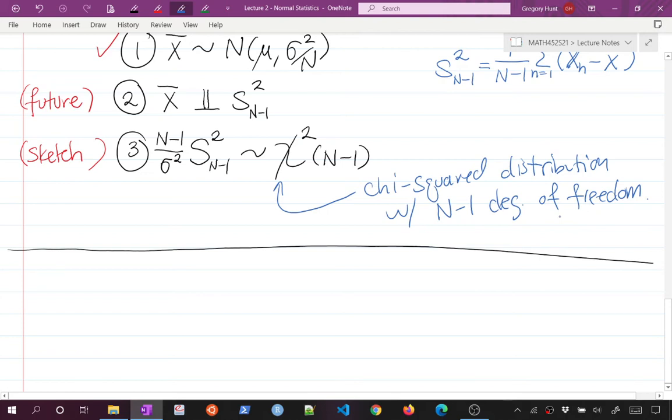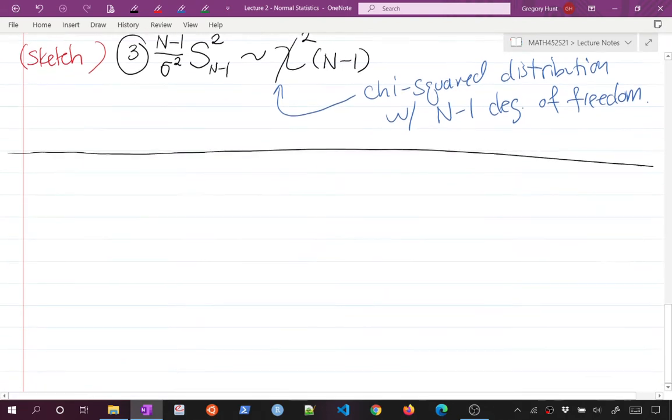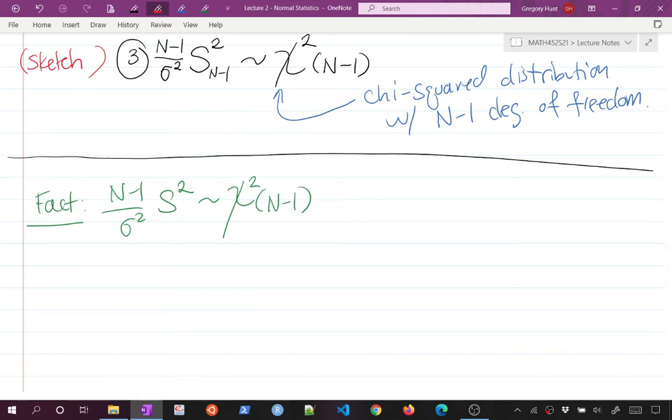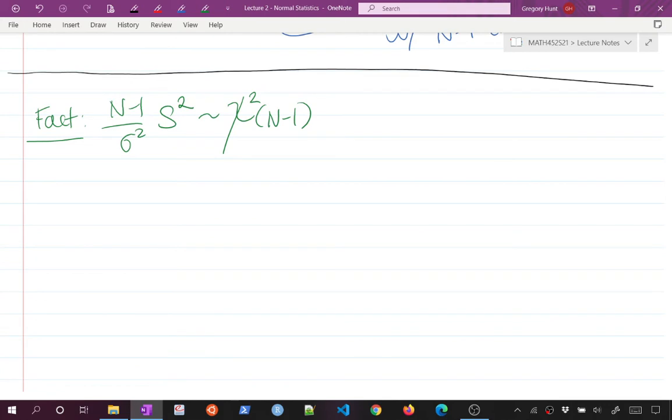But before we get to that high-level sketch, let's talk about this third fact, because we haven't talked about the chi-squared distribution yet. The fact here, we'll rewrite it, is that n minus 1 over sigma squared times s squared, I'm going to drop the n minus 1 there because I'm lazy, has a chi-squared distribution with n minus 1 degrees of freedom. So let's talk about the chi-squared distribution.